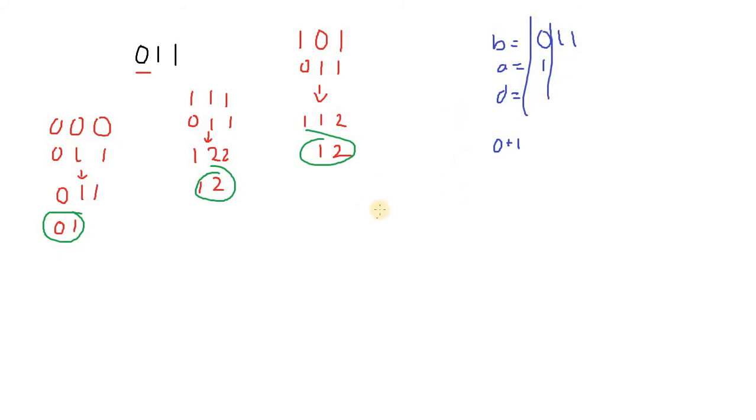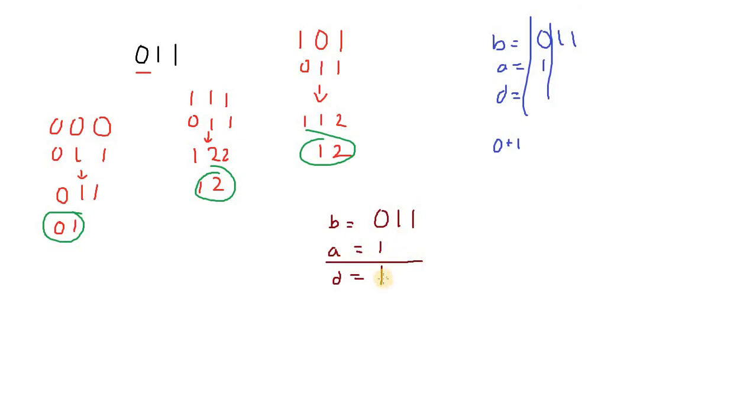Once you've done that, B is equal to this, A is equal to that. Let's say now A is equal to 1 here, so the sum of B and A is 1.